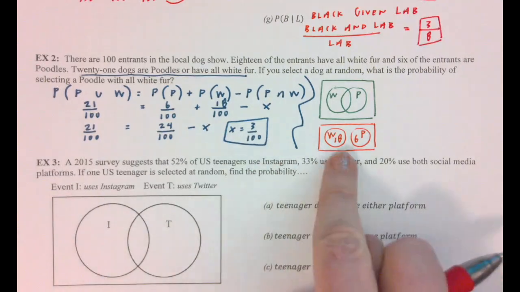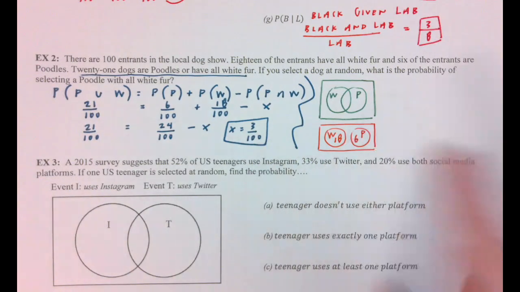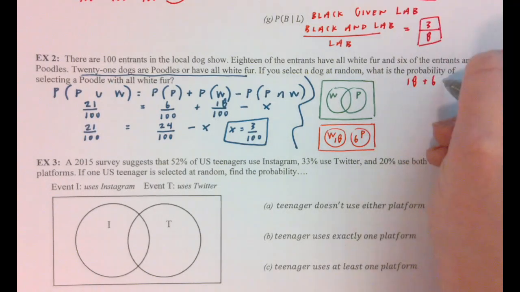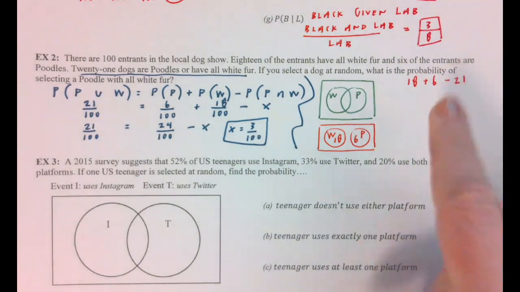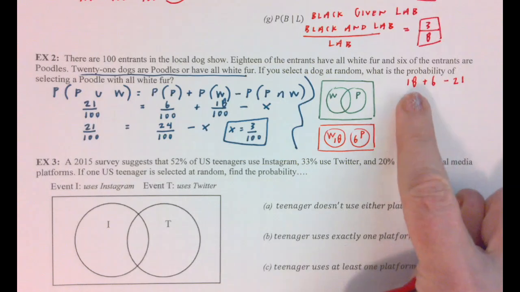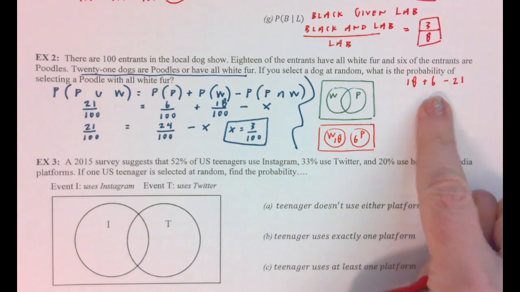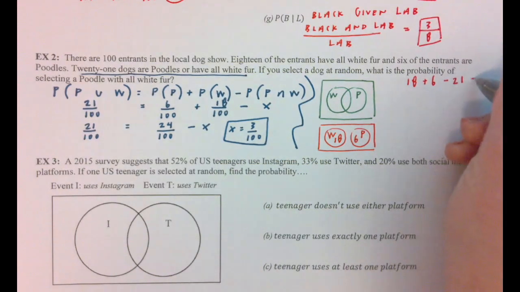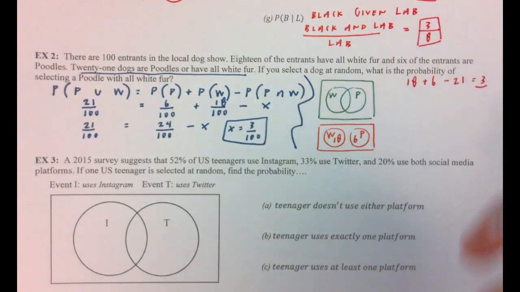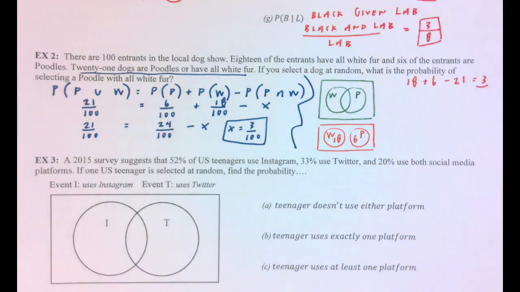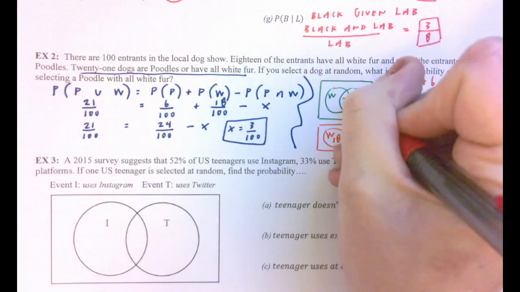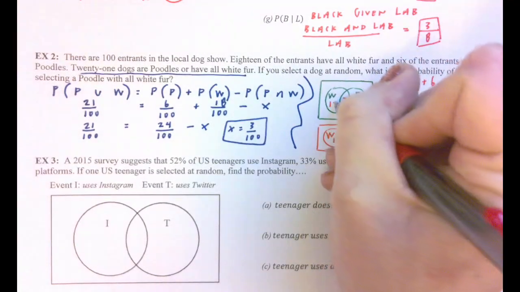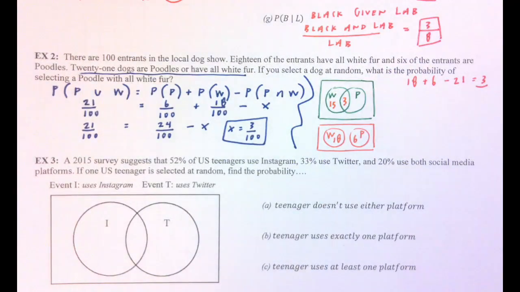So if I'm thinking, well, what would the overlap have to be? Well, take that 18, add 6, take away 21. So here I'm adding up my white dogs, my poodles, and I'm subtracting the union, the 21, and it leaves me with 3. So my intersection, my overlap, must have been 3, which means that I would have 15 dogs that are just white, not poodles.